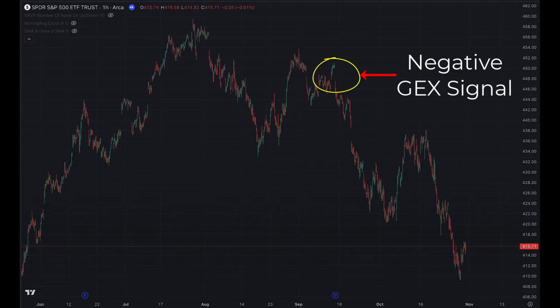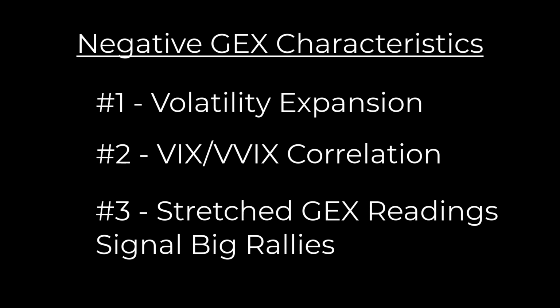And we actually rode the move down all the way to the 410 level on SPY. So that was a good 7-8% move within just a few weeks that we were able to take advantage of. And all of that was signaled by negative gamma, the VIX VVIX correlation, which preceded the negative gamma signal, as well as measuring how stretched we were once we got down to those levels at the end of October.